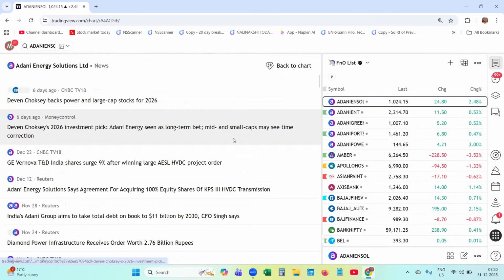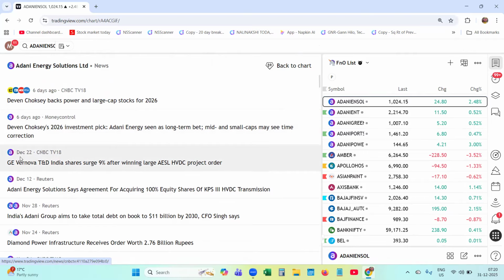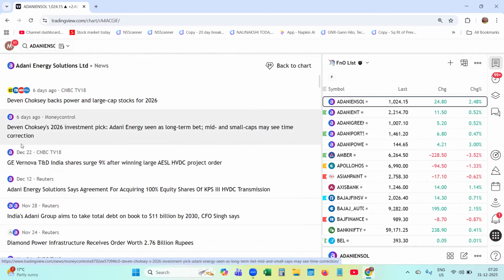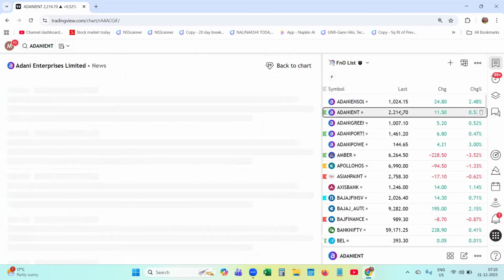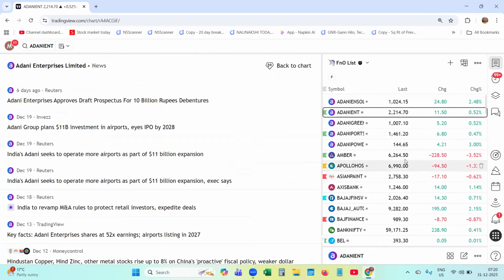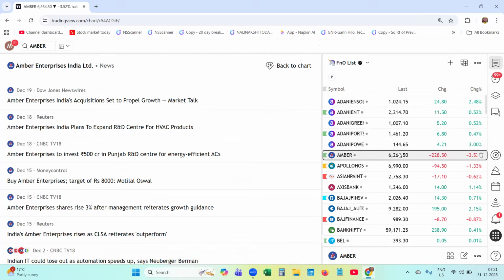Adani Energy Solutions, just somebody's recommendation: backs power and large cap stocks for 2026. Like that, you will get news from December 22nd. Let us go to Amber Enterprises. India's acquisition set to propel growth.